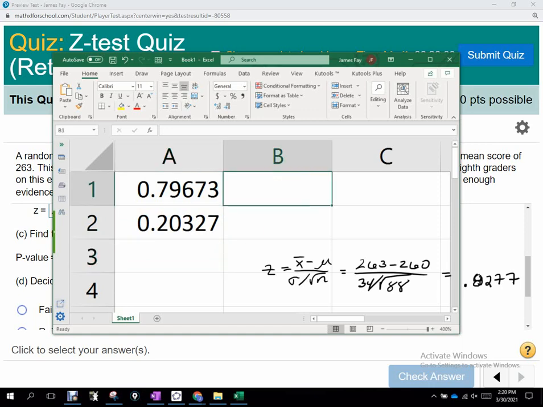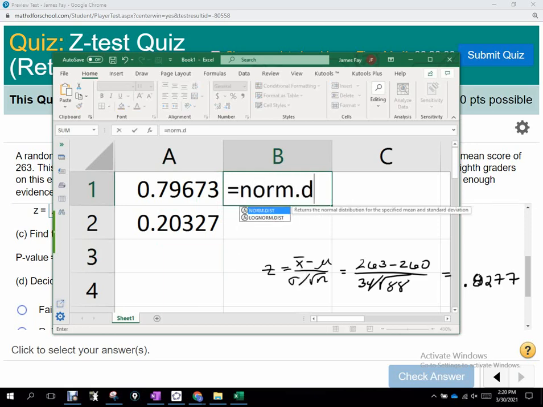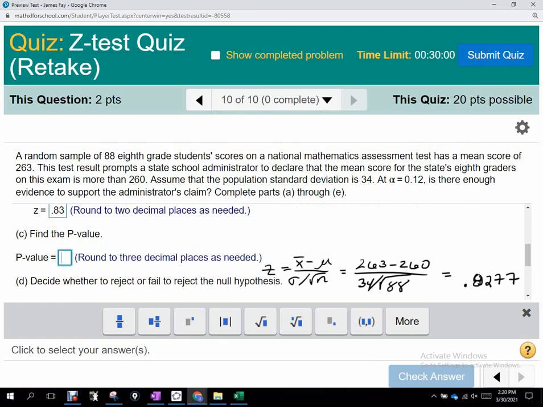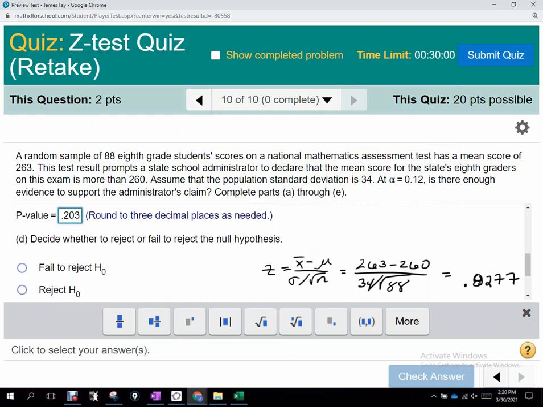I could also do this: equals norm.dist, my x value now being negative 0.83, 0, 1, true, and we still get the same 0.203 back. So 0.203 is that p-value.